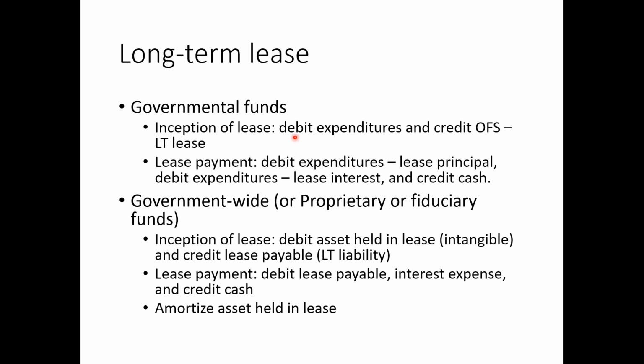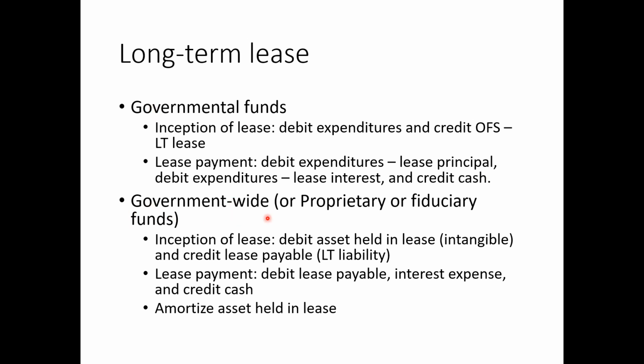So we ignore both the leased assets and the lease obligation in the governmental fund because they are long-term assets and long-term liabilities. When we pay, we debit expenditures, lease principal, also debit expenditures, lease interest, and credit cash. This is for the governmental fund.